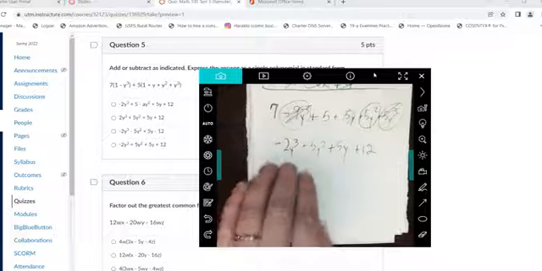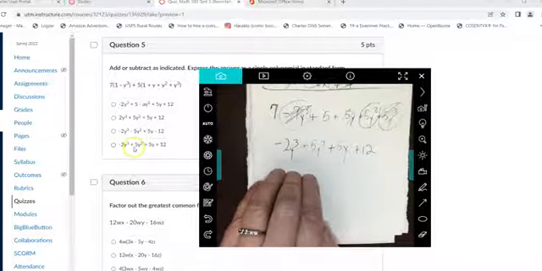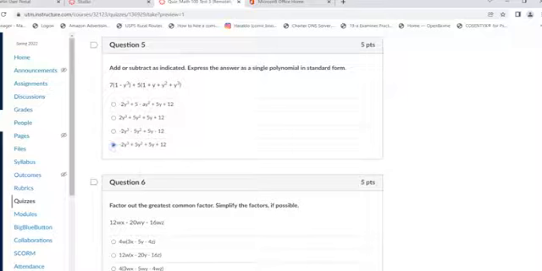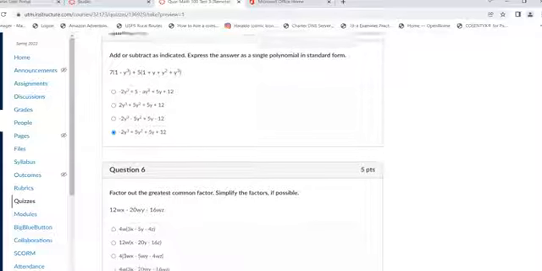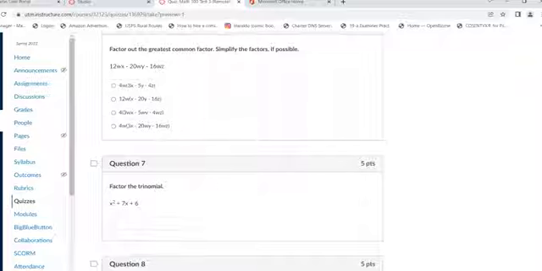And be very careful because it's very subtle. Make sure all those symbols are correct. So it looks like that one's going to be the correct one.